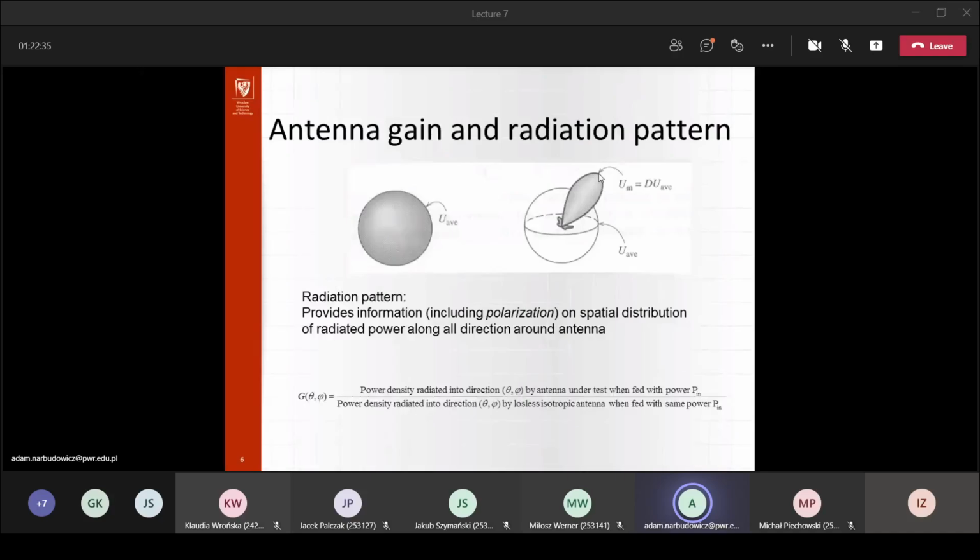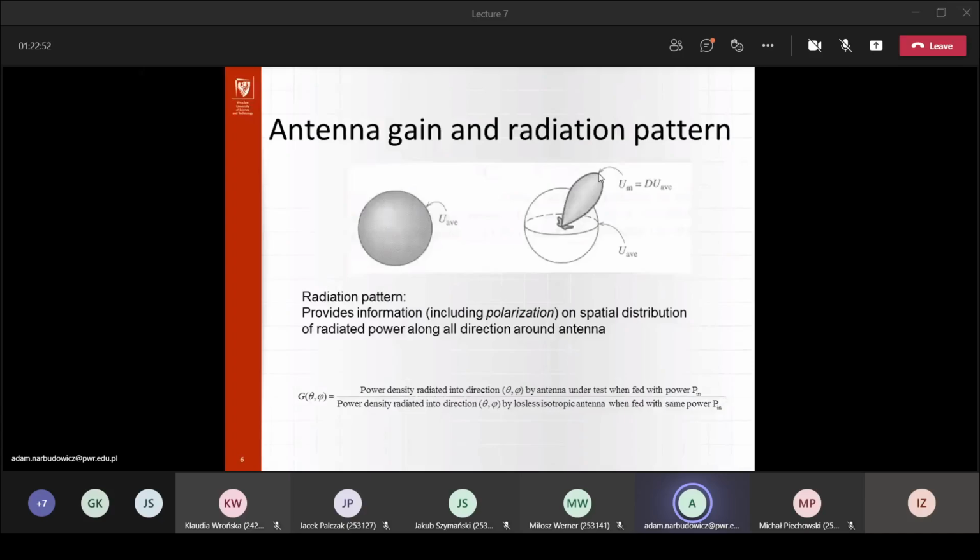In order to know the power, we use here the isotropic antenna.